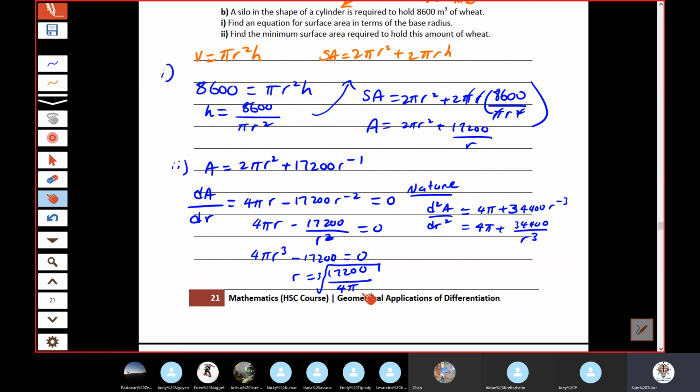That number is always positive, because 17,200 is always positive, divided by 4, which is always positive, pi is always positive, and you're just cube rooting it. So it's actually always positive. Now I know this number is always positive, which means what is 34,400 divided by a positive number? Positive plus positive. So I think we can conclude this is always greater than 0.